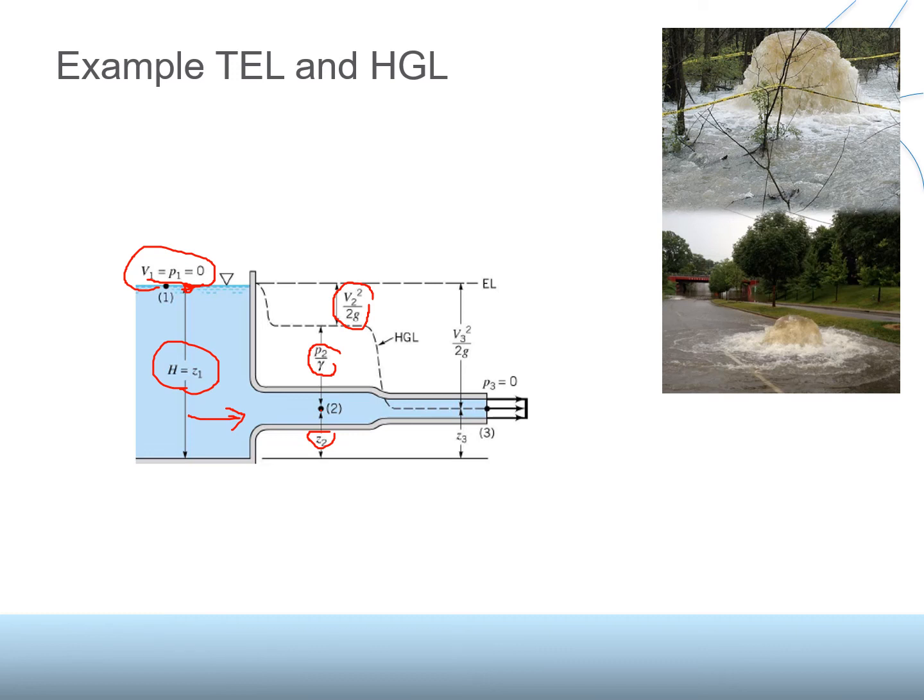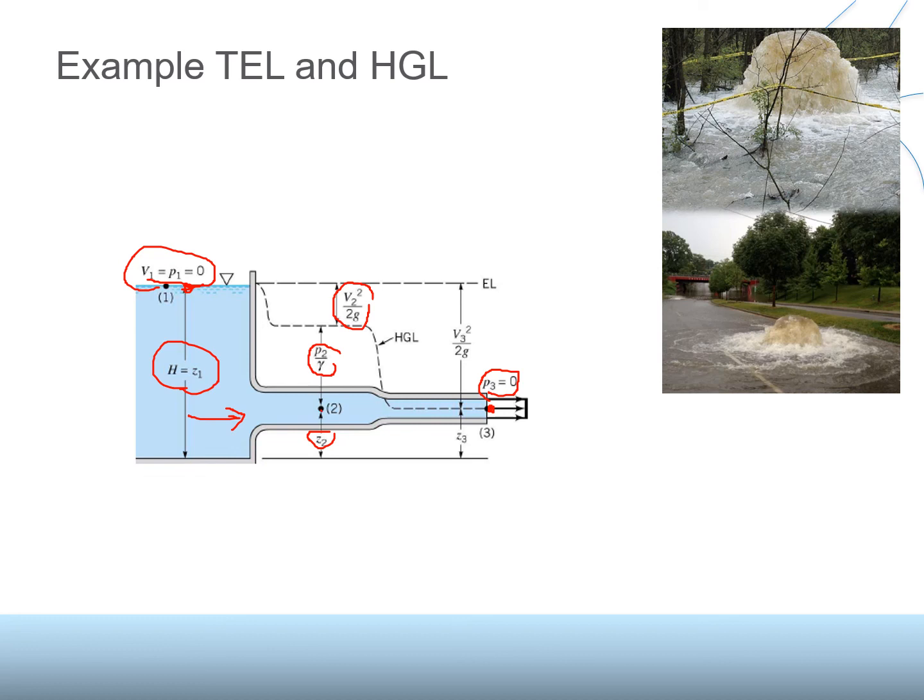Now, in section 3, you can see this is exposed to atmosphere, right? So the pipeline is exposed to atmosphere. That means the pressure at section 3 will be 0. Atmospheric pressure is always 0, so whenever water is exposed to atmosphere, the pressure would be 0. So at this point, pressure is 0. Elevation is constant.